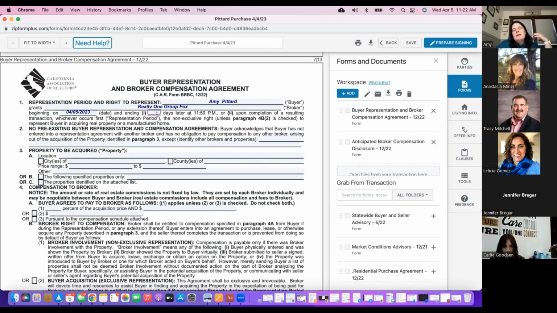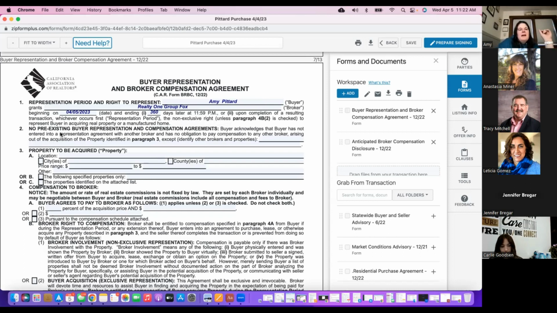If you're thinking, man, I would like it to be good for a year, then we just put in 360 days later, or 365 days later. So you can decide what you want to put there for the expiration period. There's no wrong or right answer to that. It kind of depends on how ready, willing, and able your buyer is.